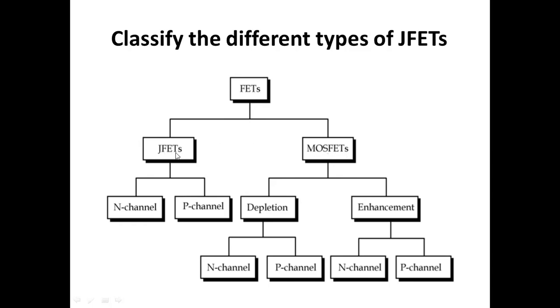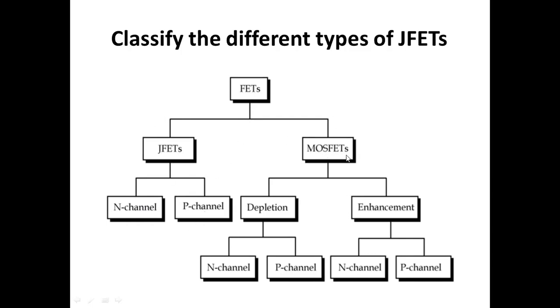Junction field effect transistors are further classified into N-channel FETs and P-channel FETs. N-channel and P-channel is most important. You can expect this for two marks, three marks, or even one mark. So junction field effect transistors are further classified into N-channel and P-channel.